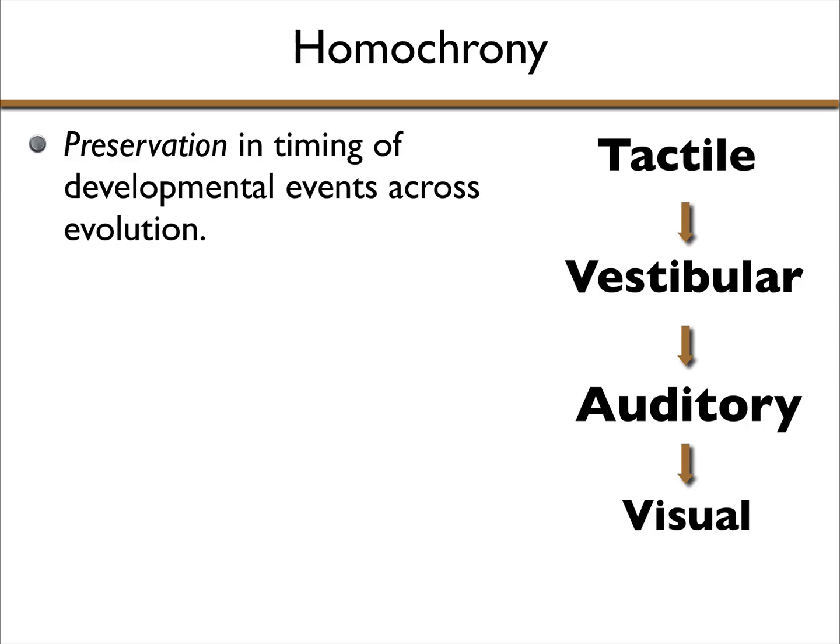That order is preserved. And of course, I've left out non-visual photic because we know so little about it. These are the sensory systems in which we have the greatest amount of data from a variety of sources, again, neurophysiology, behavior, and so on.